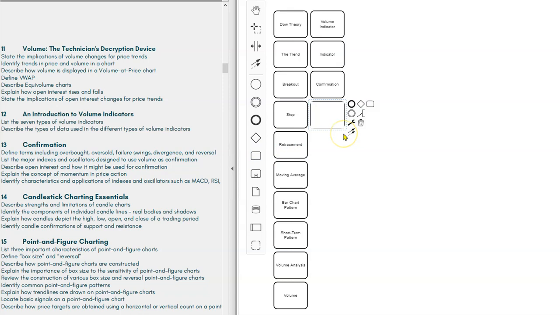Candlestick charting essentials. So the shorter version of that is candlestick chart. Point and figure chart.